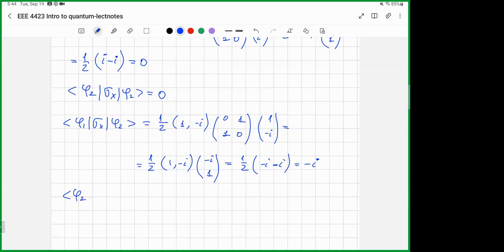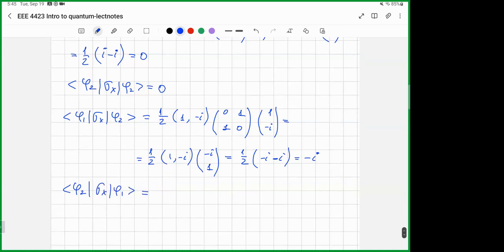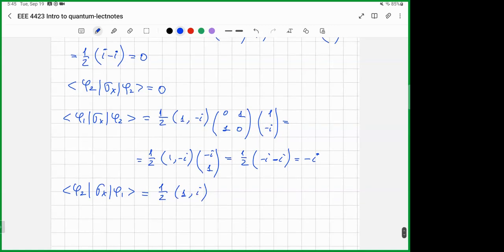The second cross observable, phi2 sigma x phi1, is going to be the complex conjugated version of this, but let's confirm that. So it's going to be 1 over 2, 1 i for the bra phi2, then the matrix 0 1 1 0, and 1 i here.